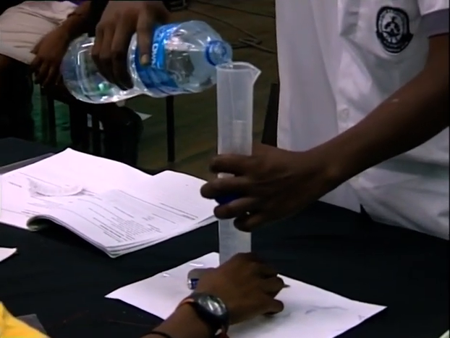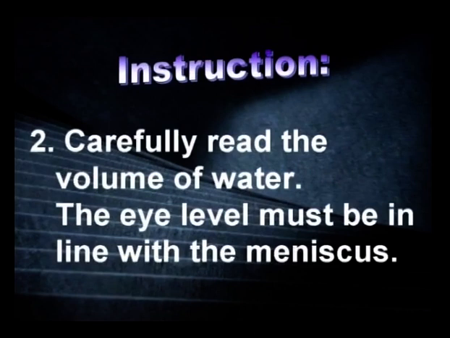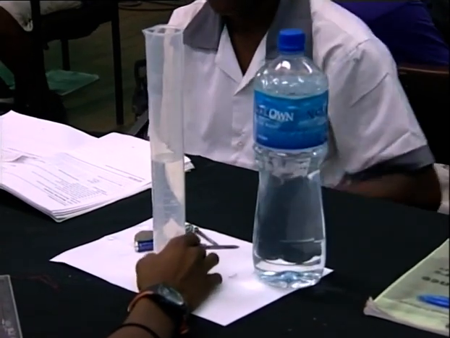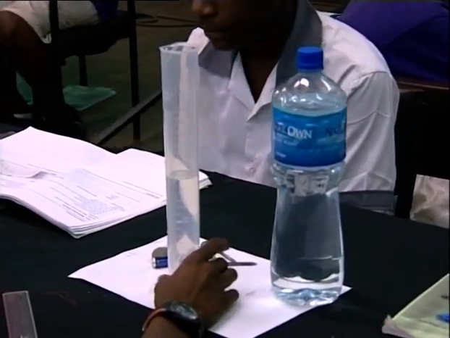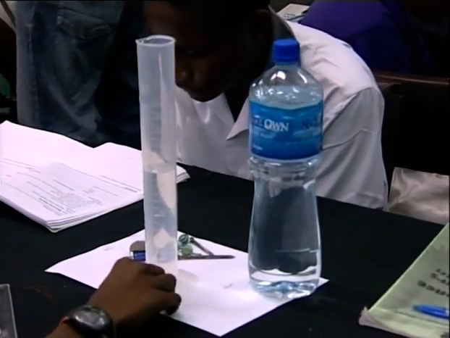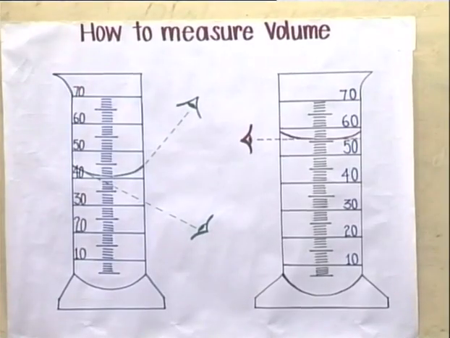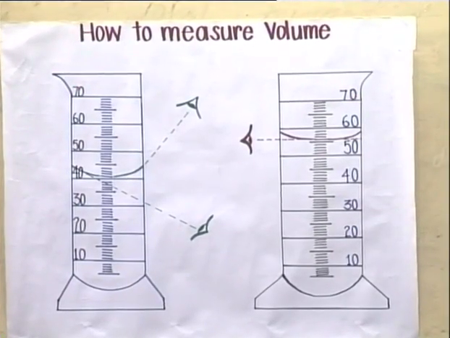What is our instruction number 2? Okay, instruction number 2 is very important when you are reading your water level. Let's have a look at the diagram on the whiteboard, which is for instruction number 2. Eyes this way. You see two diagrams on the chart.